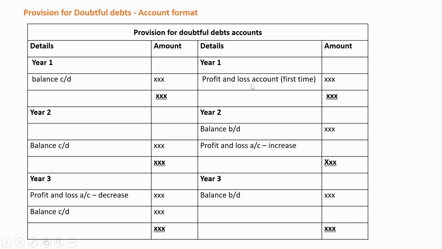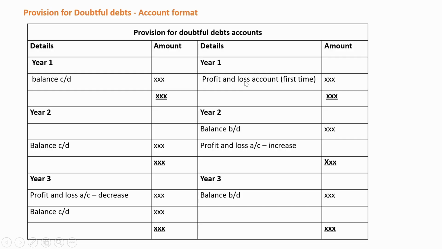And because the other amount will be recorded in the profit and loss account, in the details here you are supposed to show the other account where the entry will be made. So you write here profit and loss account, and this is the first time you are making the provision.